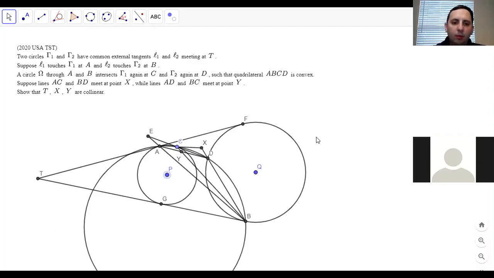I kind of like the idea of trying to show that E lies on the polar of T. But I'm thinking of another way.